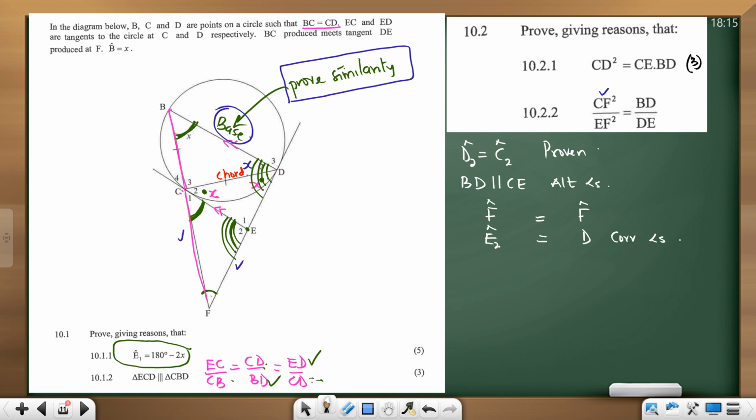Please make sure you are following the triangles. Angle C is equal to angle B. You can also use that. Don't mix the one on the left with the right.